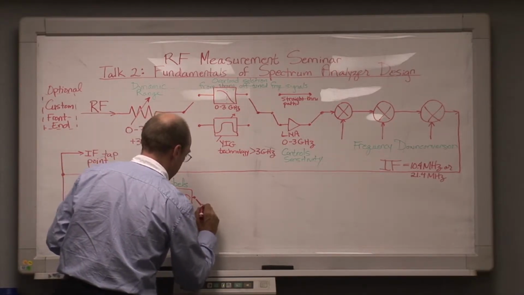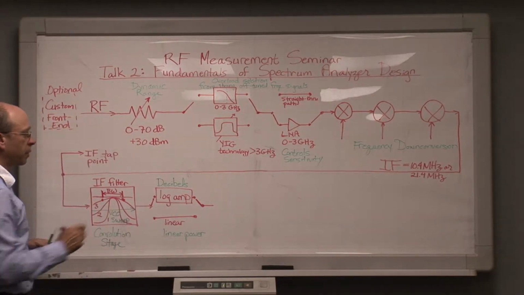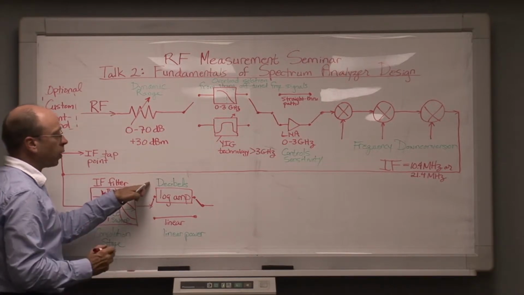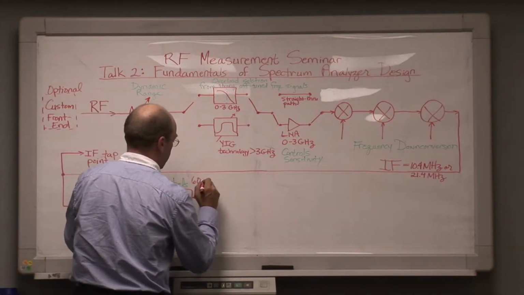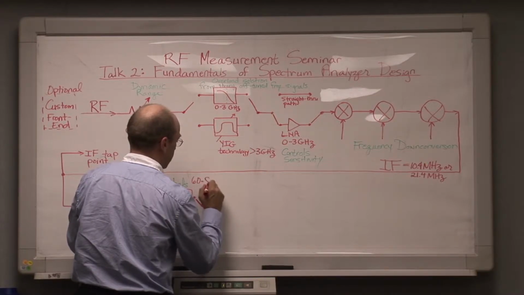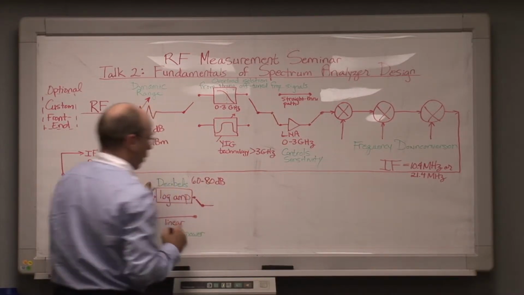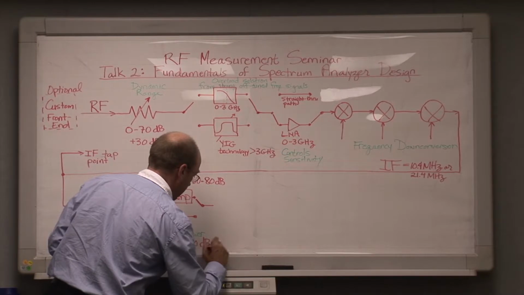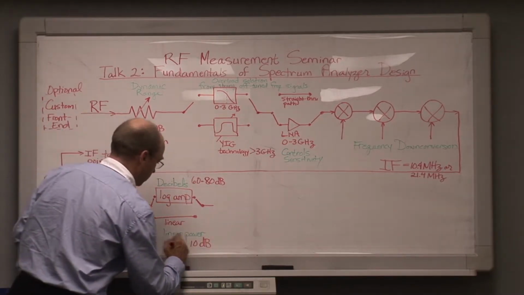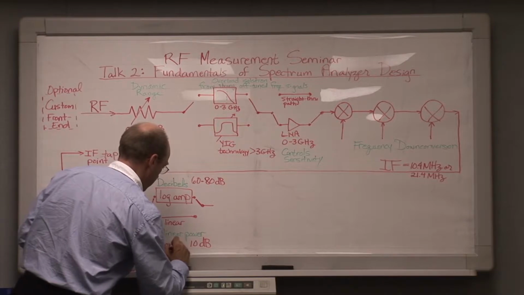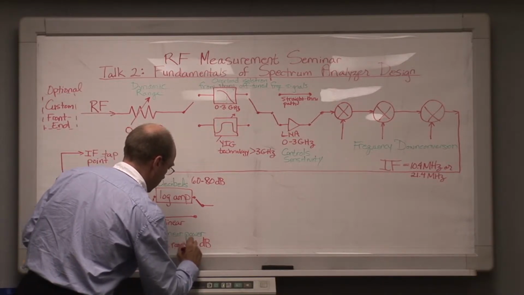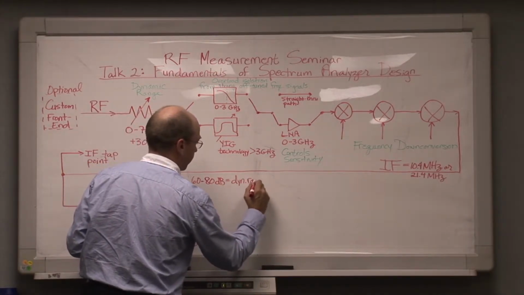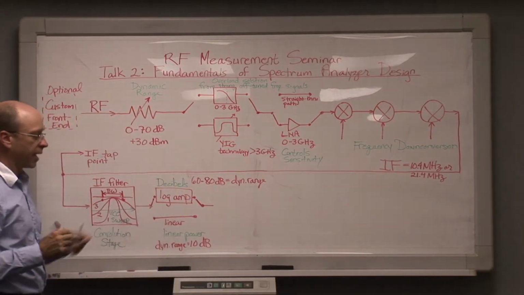But there are some limited cases where we want to measure linear power. Bear in mind, however, that if we're measuring in decibels, we'll typically have a dynamic range available on the spectrum analyzer display that will run anywhere from 60 to 80 dB. Whereas if we're running in a linear power range, we'll typically be stuck with about 10 dB of total dynamic range. So dynamic range equals 10 dB versus dynamic range of 60 to 80 if we go through the log amp.